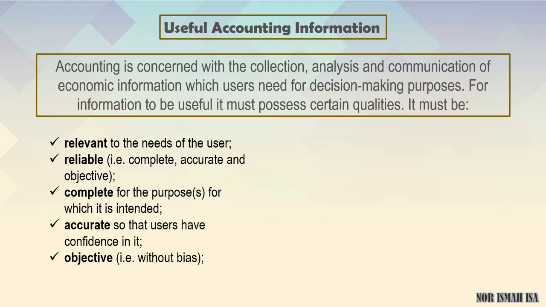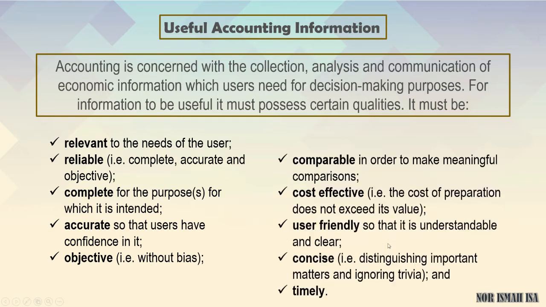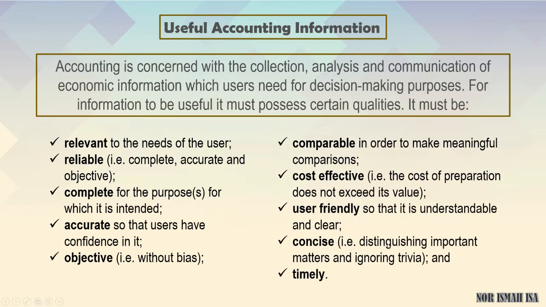The qualitative characteristics that you have learned before are faithful representation, relevance, comparability, verifiability, understandability, and timeliness. So you just look at the previous lecture notes in order to understand all these qualitative characteristics.